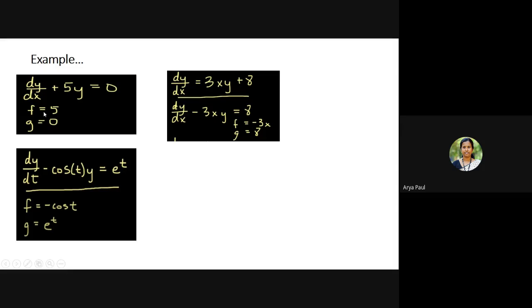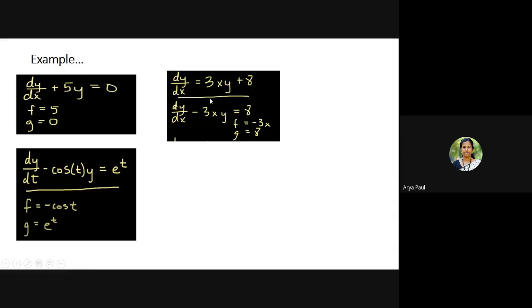The format is dy by dx plus f of x into y, so f is a constant term, 5. So f is equal to 5 here. And what is the g value? Equal to g of x, so g is equal to 0. So this is a first order differential equation.